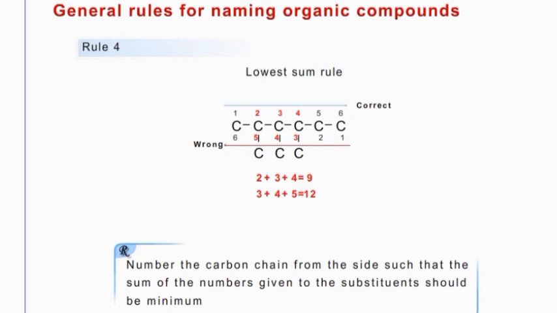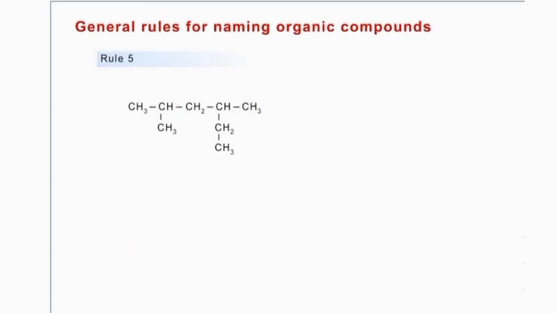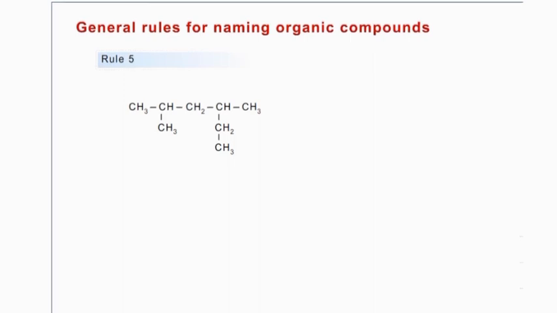Whereas if you number from left to right, that is 2 plus 3 plus 4, that is equal to 9. So according to rule number 4, number the carbon chain from the side such that the sum of the numbers given to the substituents should be minimum. So why is the upper one correct? Hope you have understood.